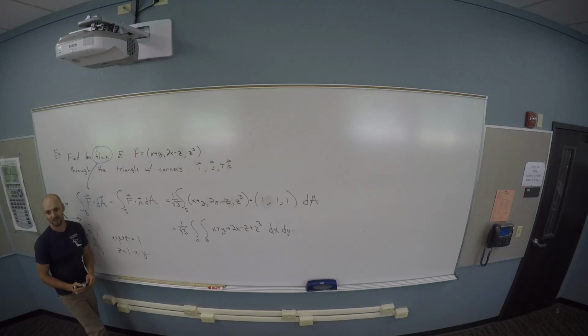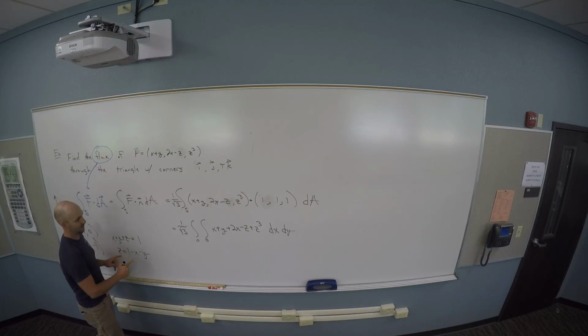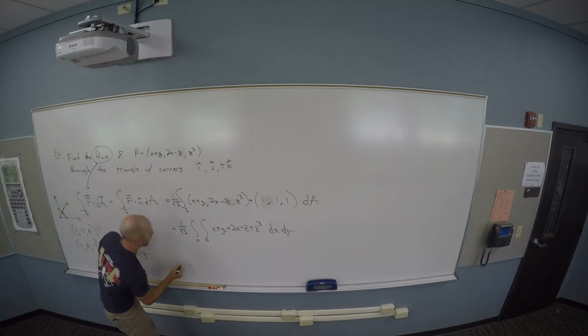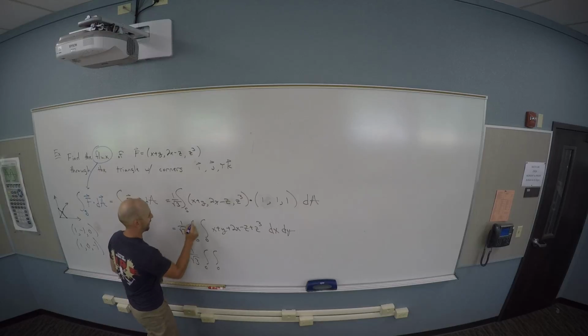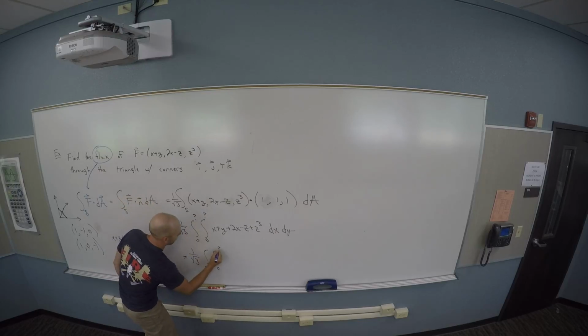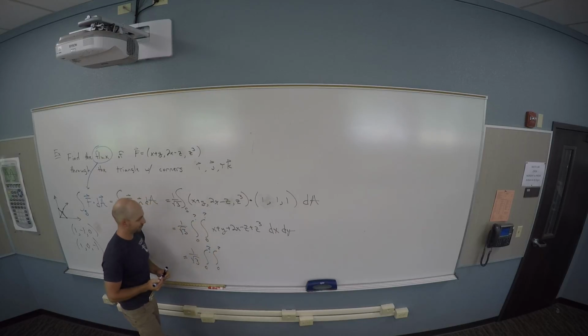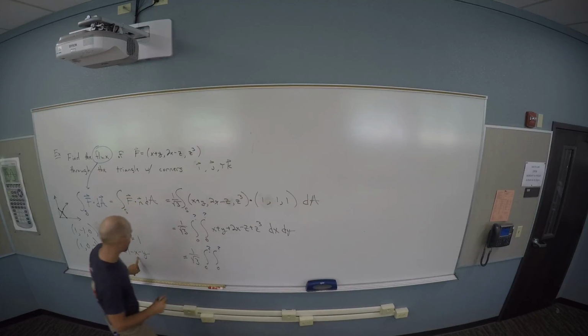Okay, so we plug that in for z. So I got 1 over the square root of 3 times the integral. Well, we flattened the triangle. So then I found out what z was, right?